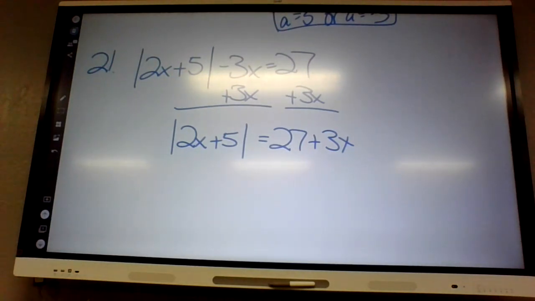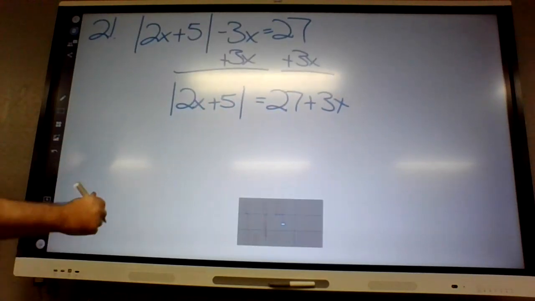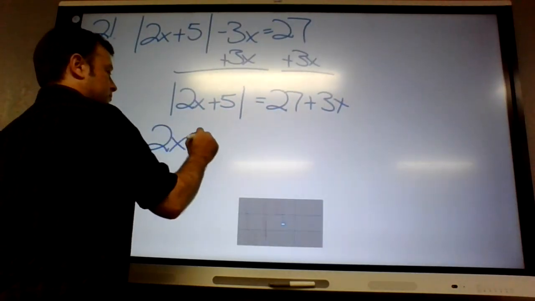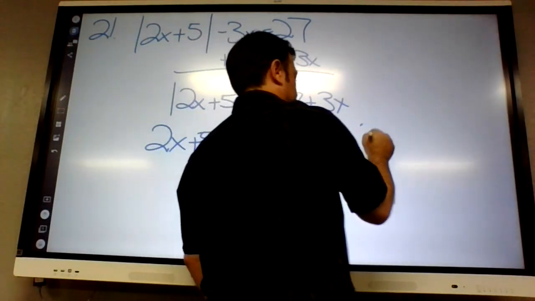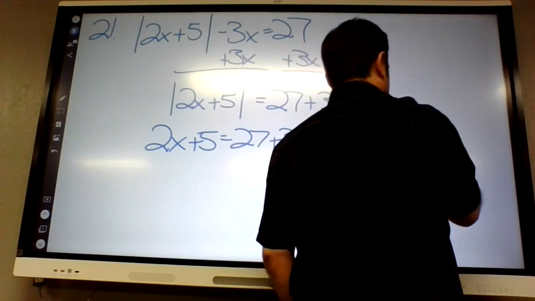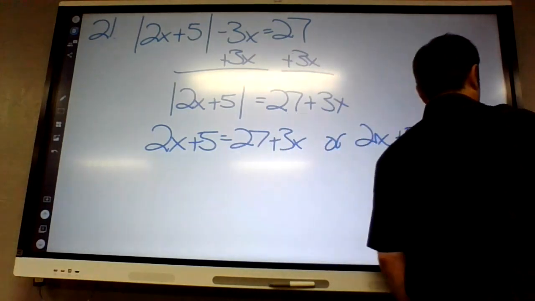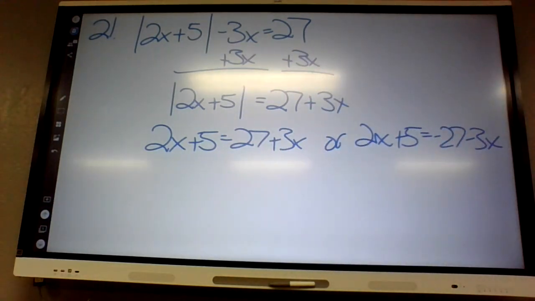And those don't mix over there. Eli, you want to guess what we're going to do now? So do you do 2x plus 5 equals 27 plus 3x, or 2x plus 5 is equal to negative 27 minus 3x? Yes, you're a genius. So he just put the negative on the right side, on the second one.